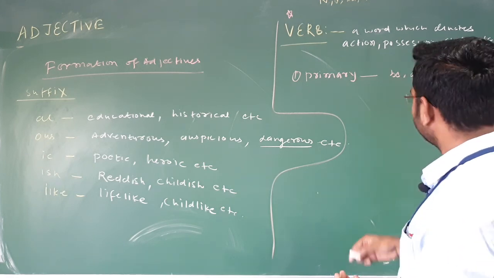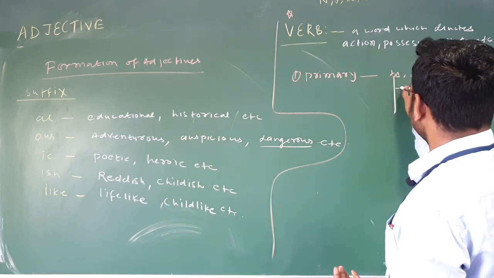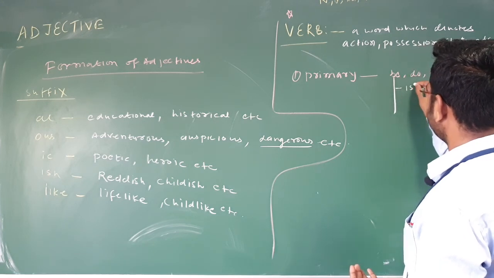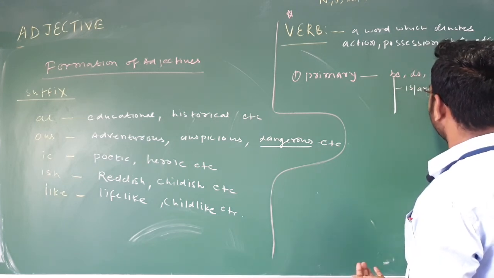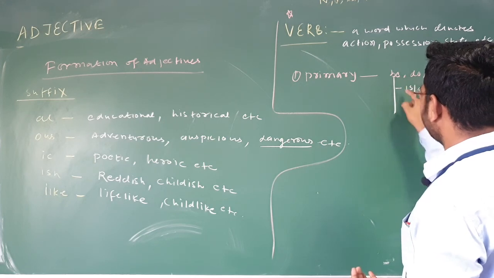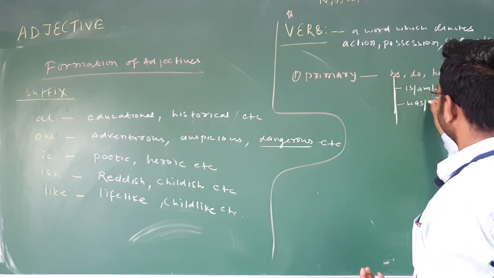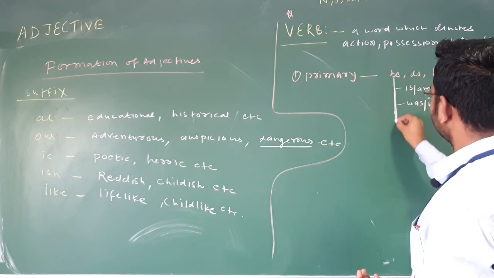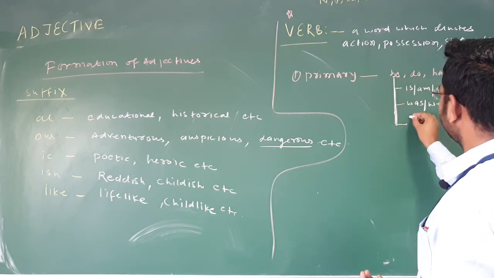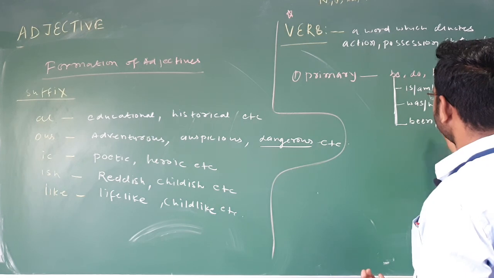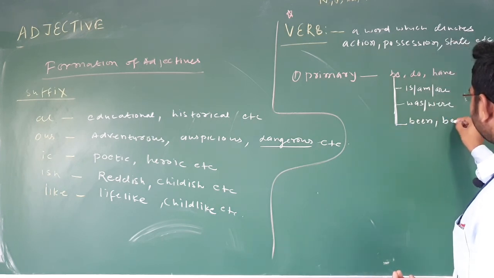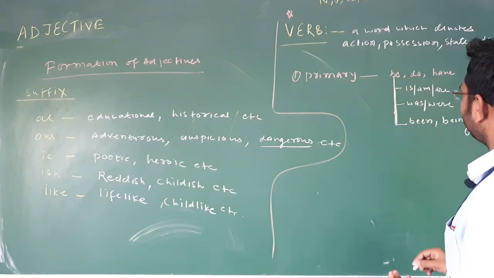Right? For example, be has several forms. If I say is, am, are, these all are verbs, and this is the present form. Past form we have was, we have were. On the other hand, we have been, we can say being.